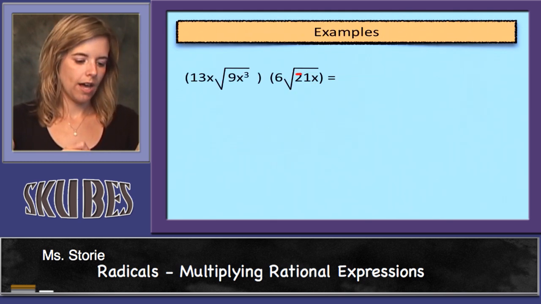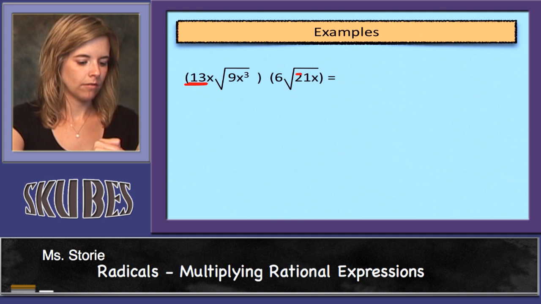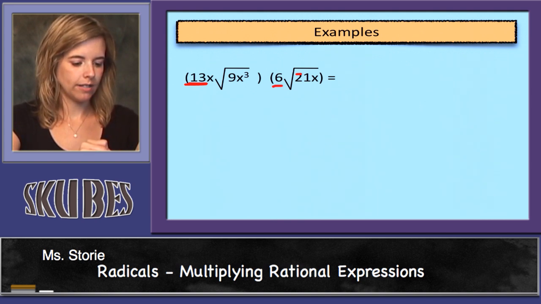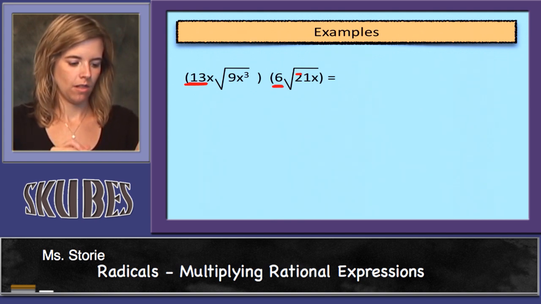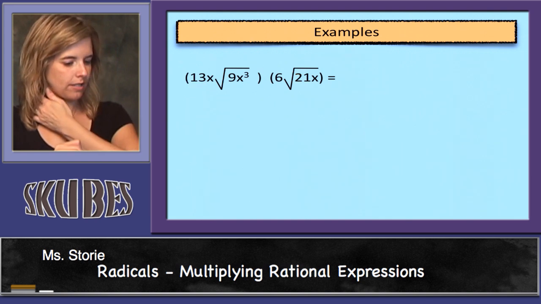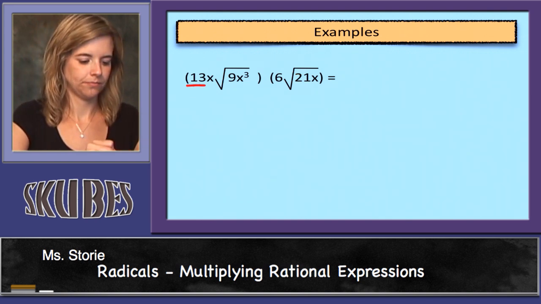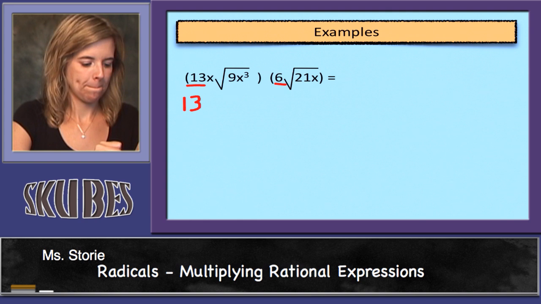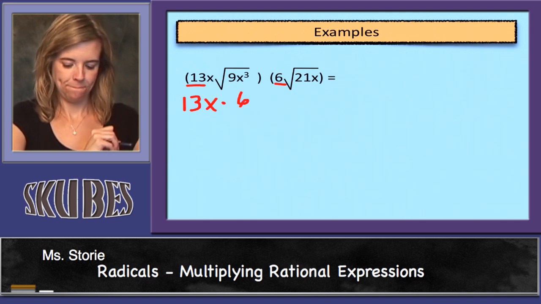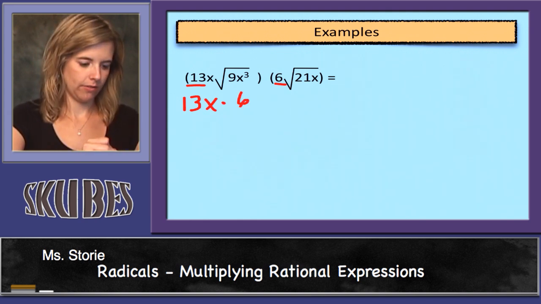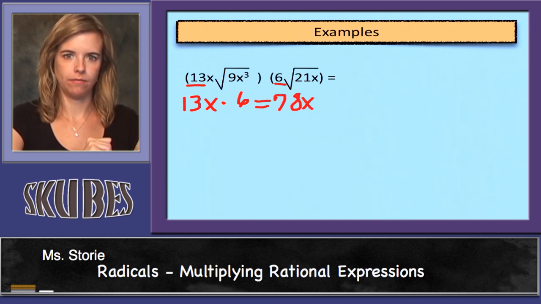Alright, so we have 13 radical x, and we are multiplying it by 6. So if we're going to multiply 13 times 6, you're going to end up with 78, and that's for your whole number with the x behind it.